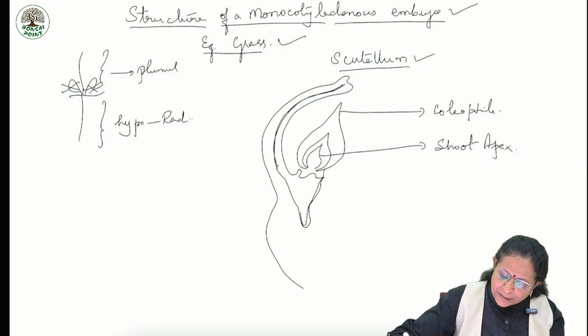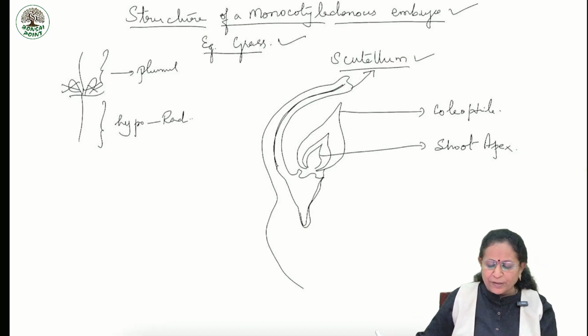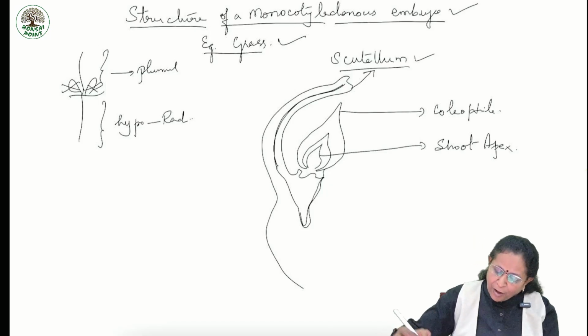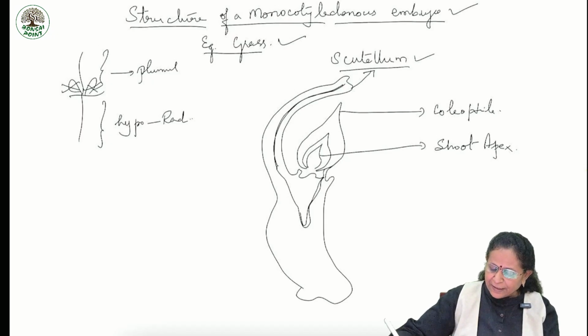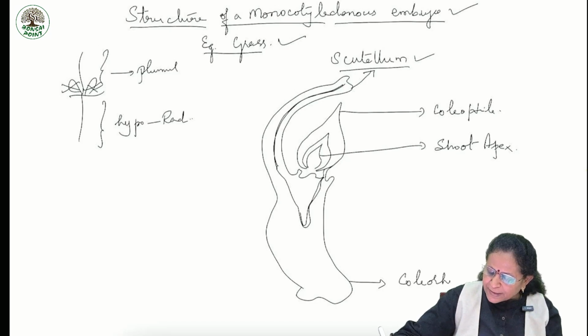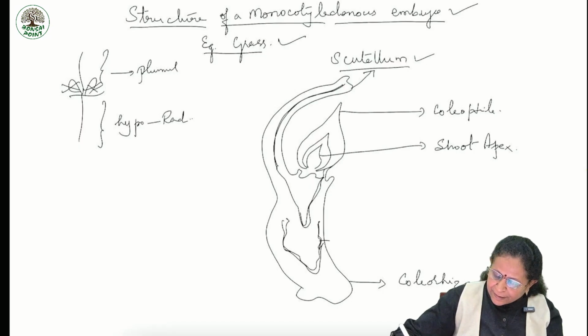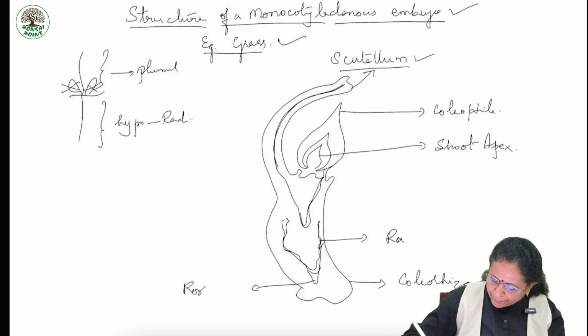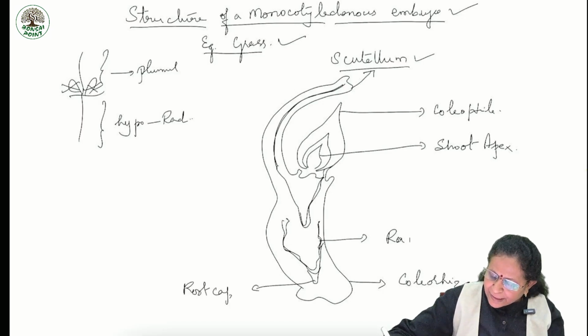So, what is the single cotyledon called? I told you it is called a scutellum. On the other hand, this extends down and forms the coleorhiza. What is a coleorhiza? See, this is the root cap. This is the radicle.